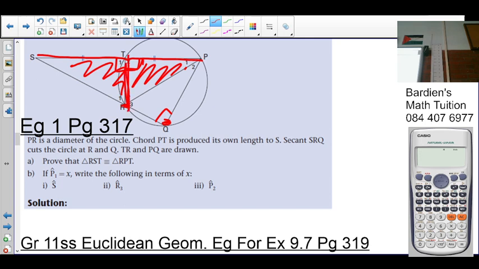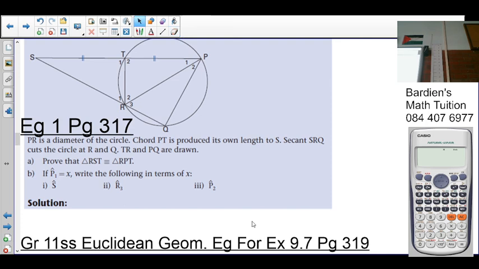Can you see that, people? What else can we say? ST is equal to PT. What case of congruency is that? Side, angle, side. Why not RHS? We're using 90 degrees. There's no hypotenuse. You guys understand? Right, so let's write that neatly down.